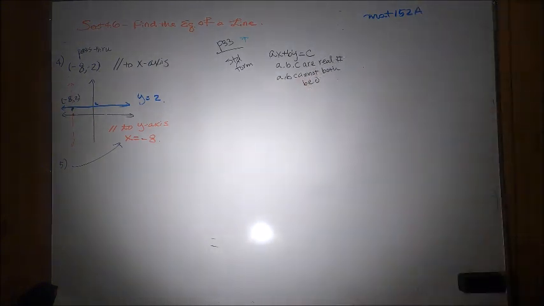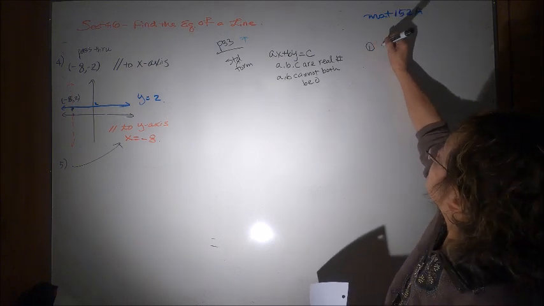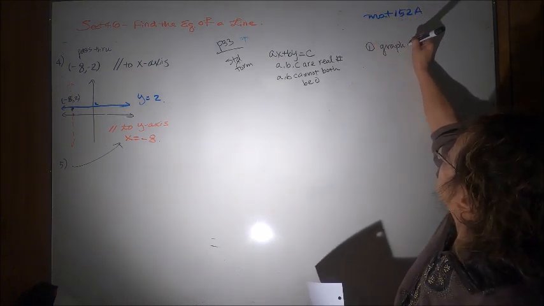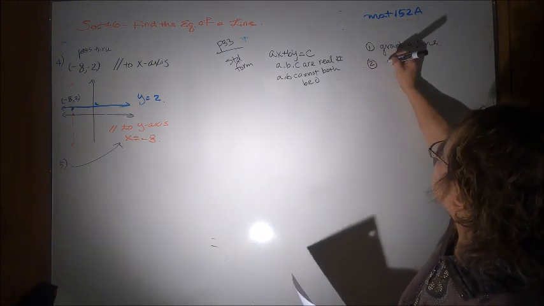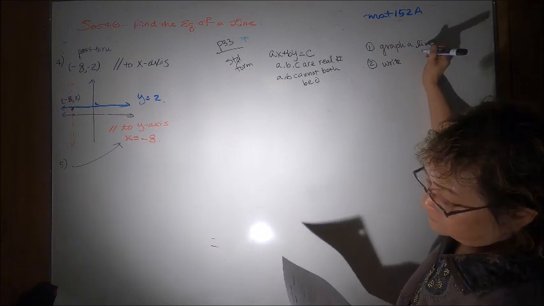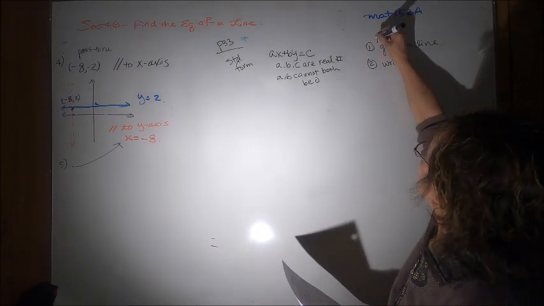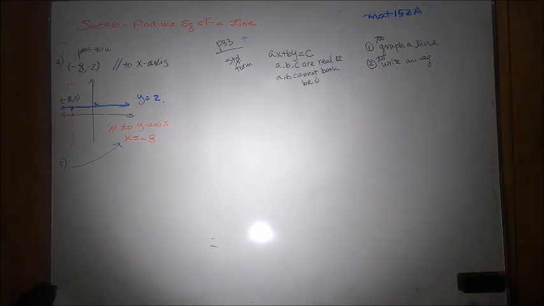If both A and B are 0, then you don't have x or y, and there will not be a line, right? What do we use this for? We can use this to graph a line, and we also use this to write an equation. We have been doing that, right?